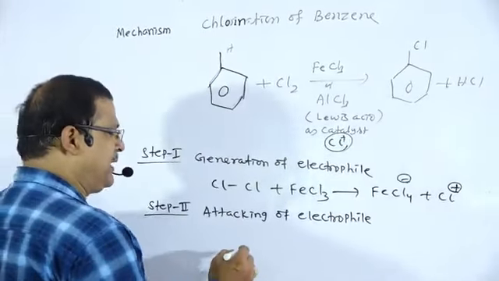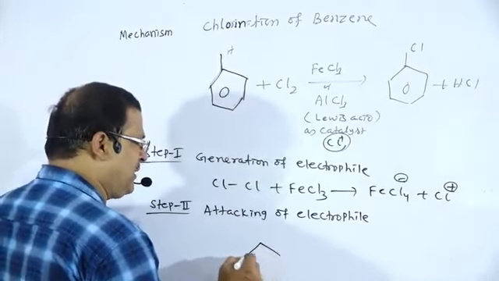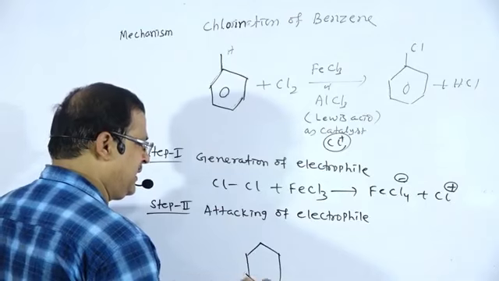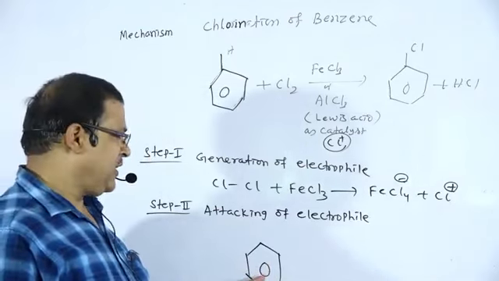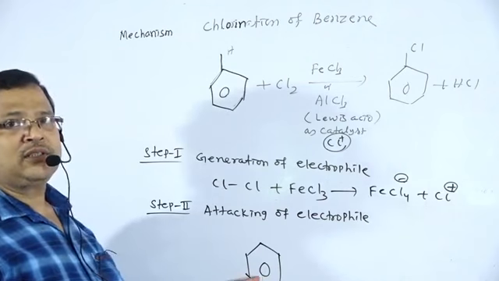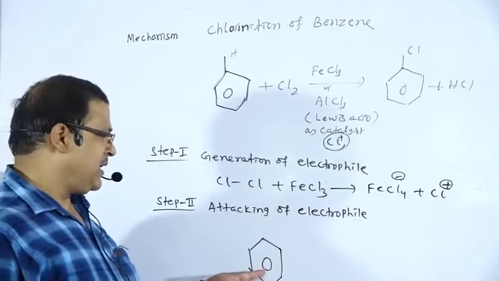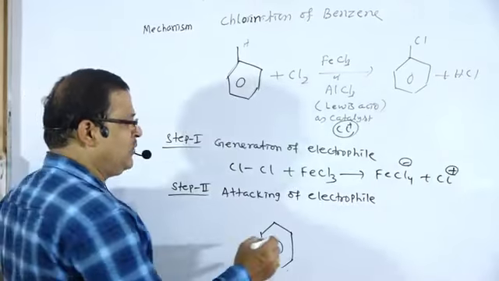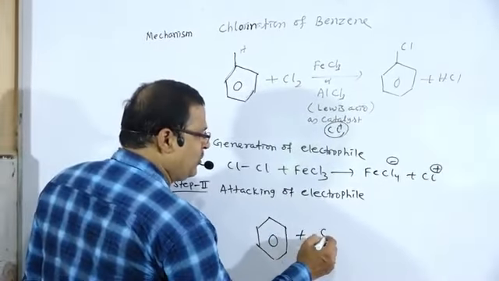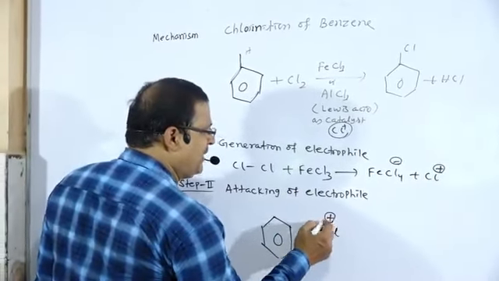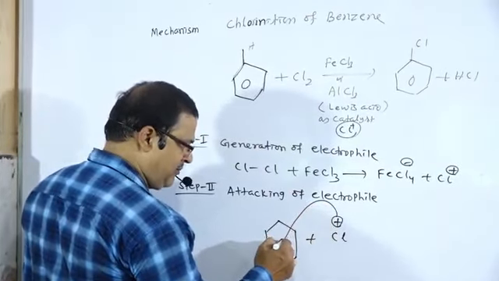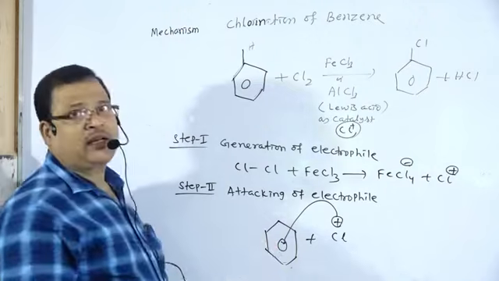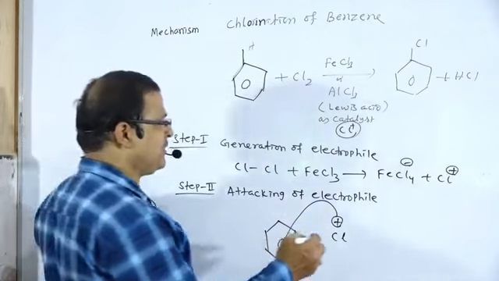We know the benzene ring is a rich source of electrons, which contains 6 pi delocalized electrons, which can be easily attacked by that electrophile Cl plus. The electrophile, a positively charged species, will attack this ring, withdraw the electron from that ring, and there is the formation of that bond.